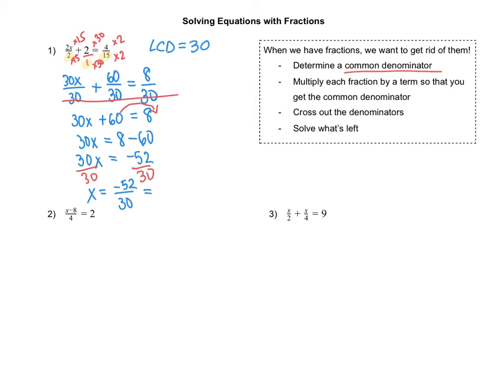So I can simplify this further by writing this as negative 26 over 15. And if I wanted a decimal answer, I'm going to put squiggly equal signs to show that I'm rounding. If you plug that into your calculator, you do end up with approximately negative 1.7. And then that's it.